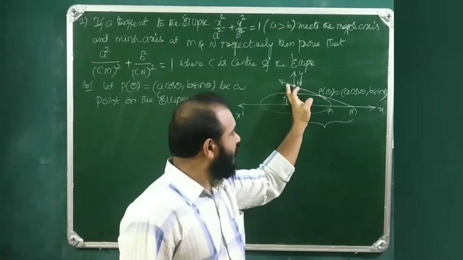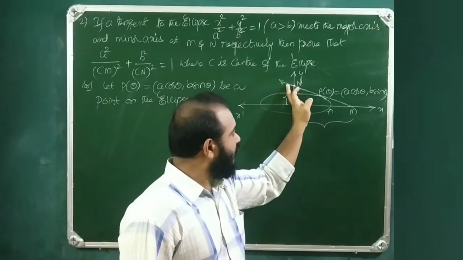This we know. So x cos theta by a can be written as x by a by cos theta, plus y by b by sin theta equals 1. So we got the equation of this tangent.